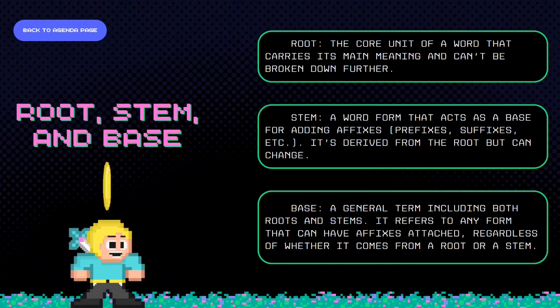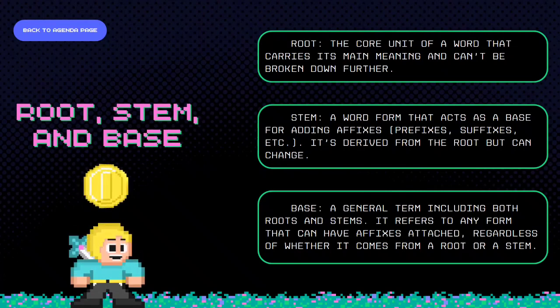It's derived from the root but can change. For instance, act has different stems like act, base form, acts, present tense, acted, past tense, or acting, present participle.